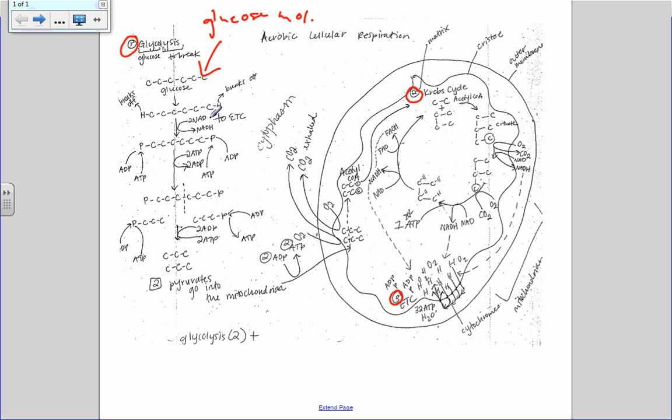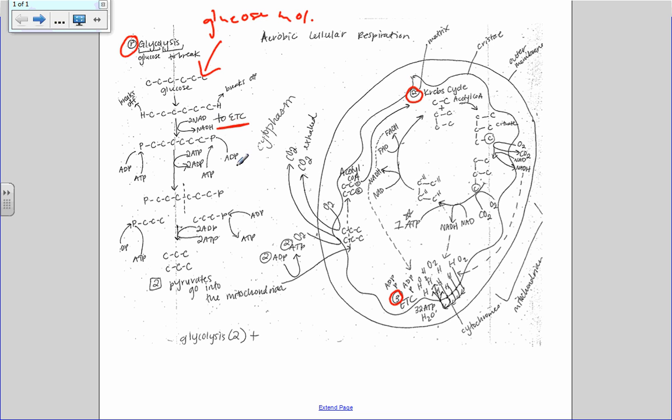And what's going to happen is that hydrogen and its electron are going to bond to NAD to make NADH. Okay, so we had 2 NADs come in. They each grab an H, and now we have 2 NADH. All right, those 2 NADHs are going to go to the electron transport chain.